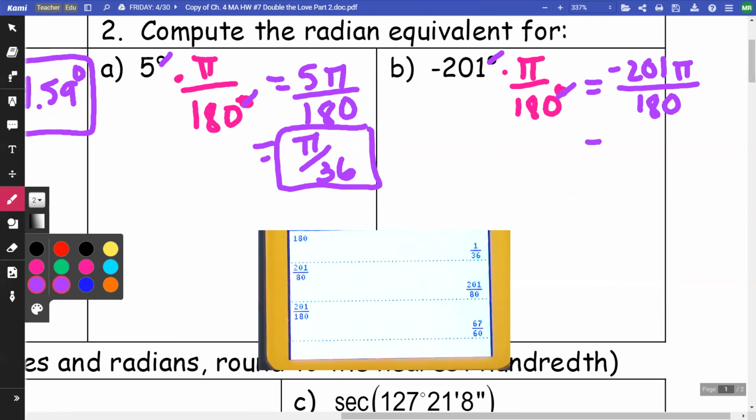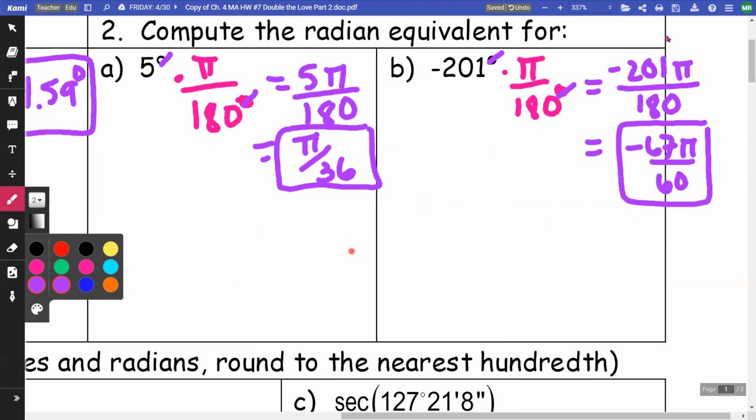So this is going to be negative 67 pi over 60, and that would be my radians.